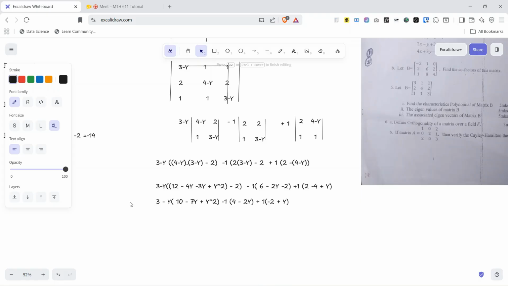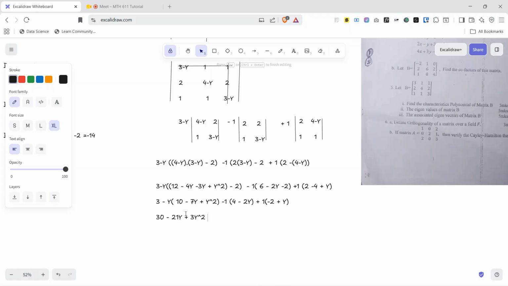So let me just directly do the lambda, this one straight up. 3 times, this will be 30 rather. 30 minus 21 lambda plus 3 lambda square.